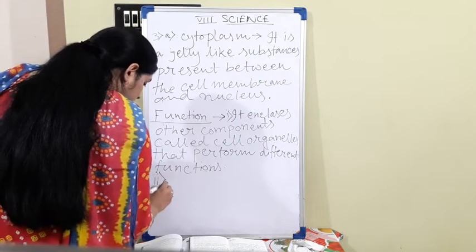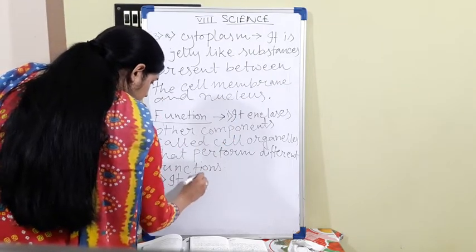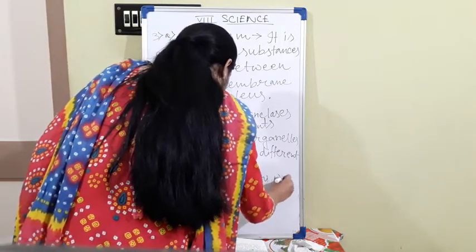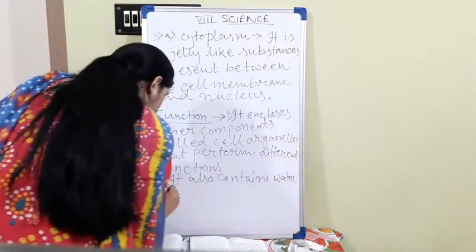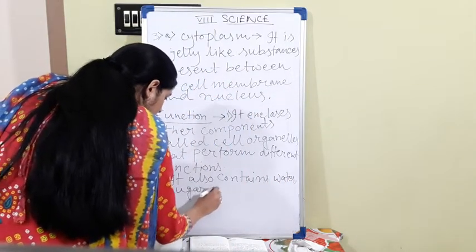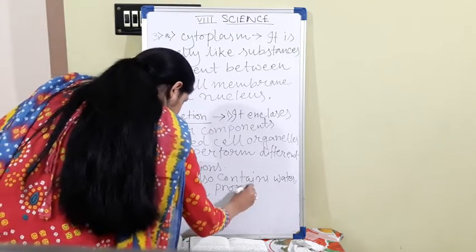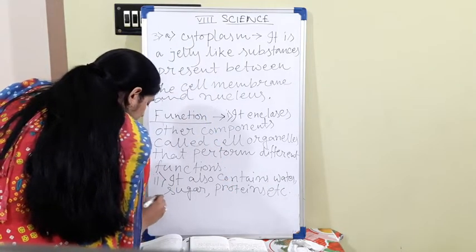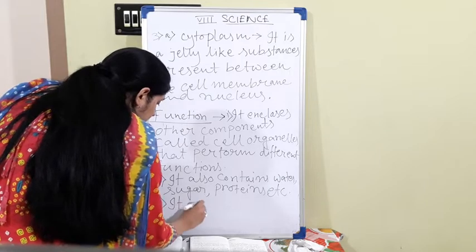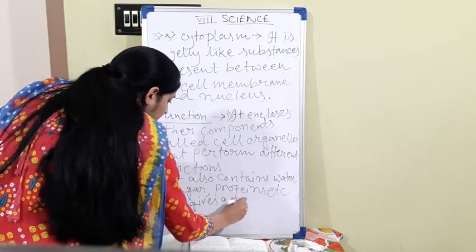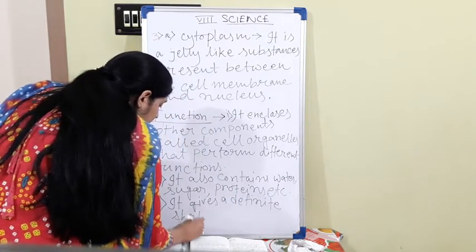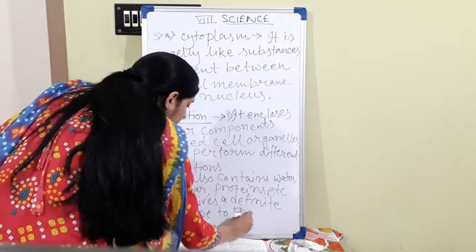Number 2, it also contains water, sugar, proteins, etc. And number 3, it gives a definite shape to the cell. So, what is cytoplasm?